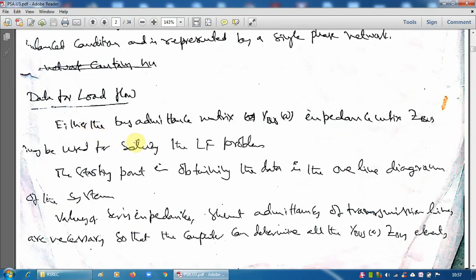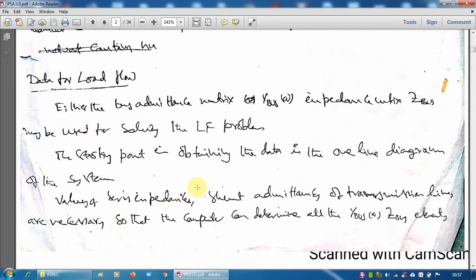Now, what is the data we need to start a load flow problem? That we will see now. Either the bus admittance matrix or impedance matrix is used in order to formulate the problem. Y bus or Z bus is used, but usage of Y bus is generally followed by many of the utilities because of its ease. So I can say that Y bus data is required.